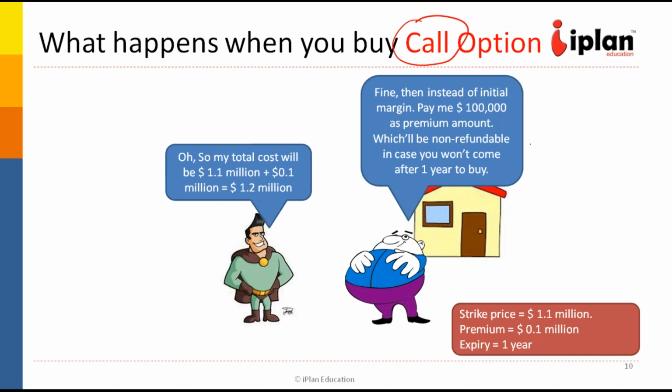Strike price, that is 1.1 million. The rate is 1.1. Premium the seller has taken, that is extra, that is 0.1 million. So total cost to the buyer is 1.2 million. So the cost extra borne by him is the premium, right?